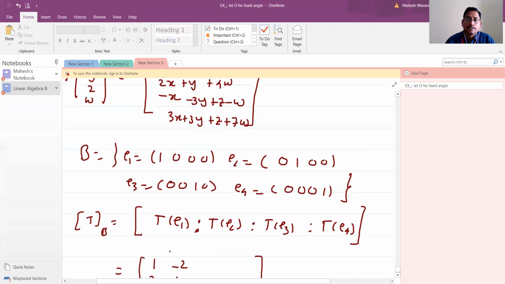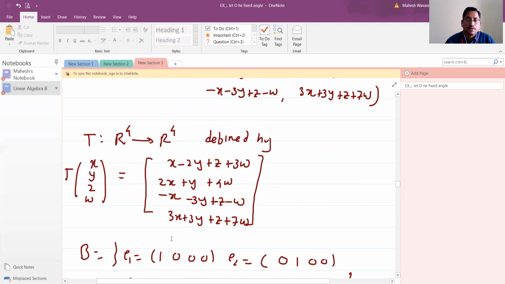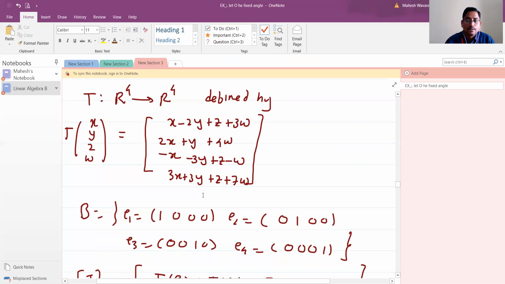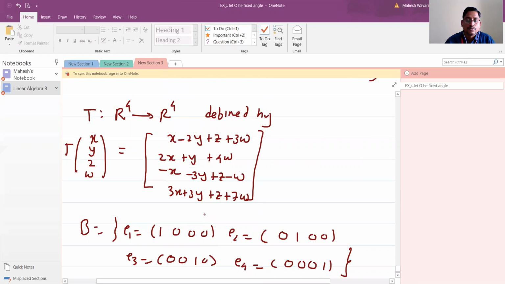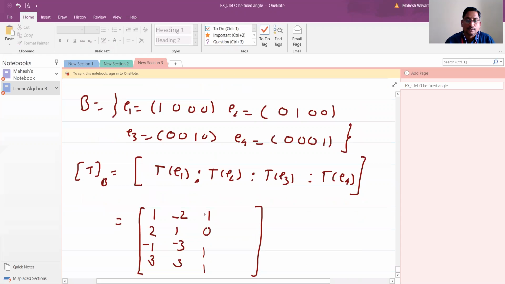In the third, E3, Z is 1 and the rest all 0. So it is 1, 0, 1, 1. And in the last, W is 1 and the rest all 0. So 3, 4, minus 1, 7. So this is the matrix of T.